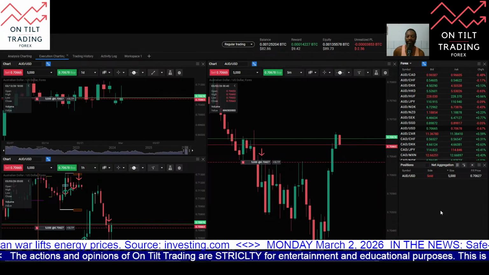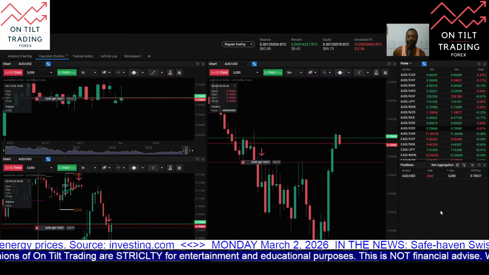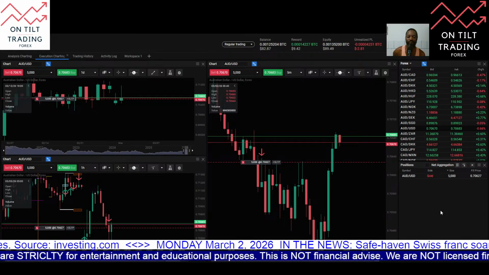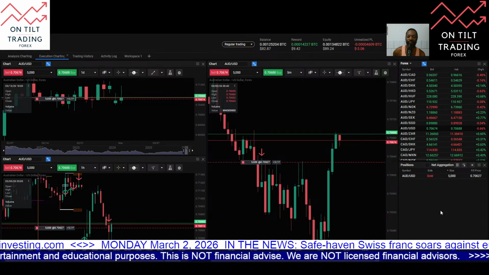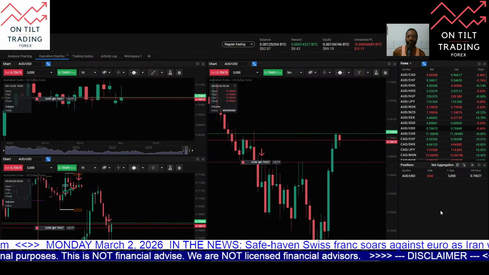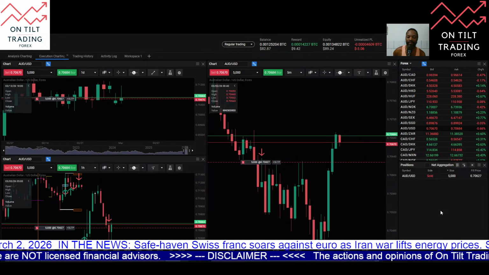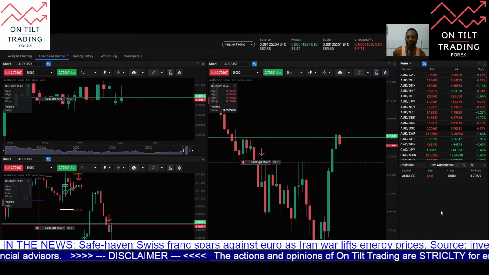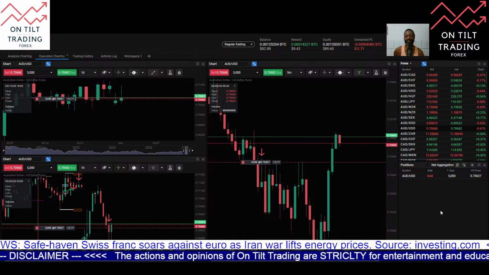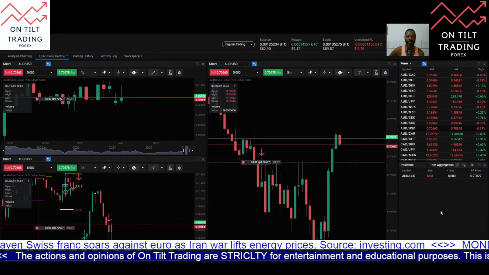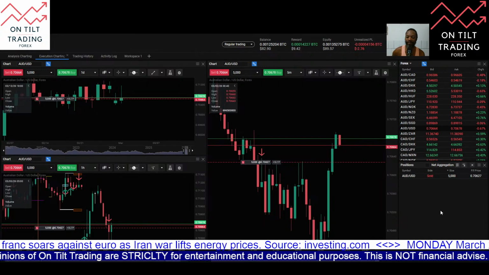See if price chooses a direction here. Price here having difficulty delivering to the buy side and delivering to the sell side. But it'll have to give at some point. We'll see which way it goes.